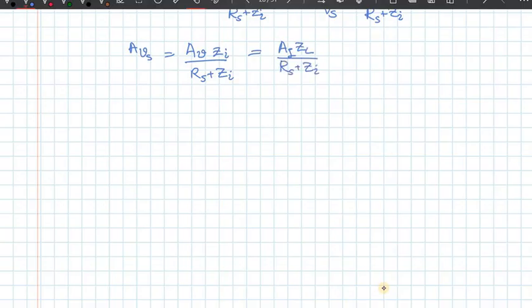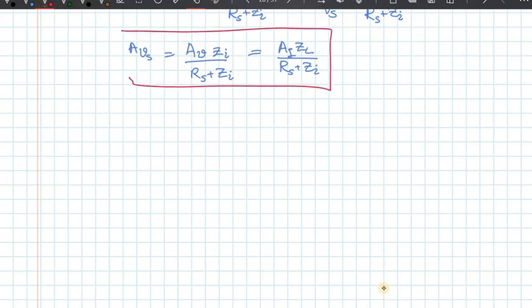Okay, so both are fine. So this is my voltage gain with the effect of the source resistance.